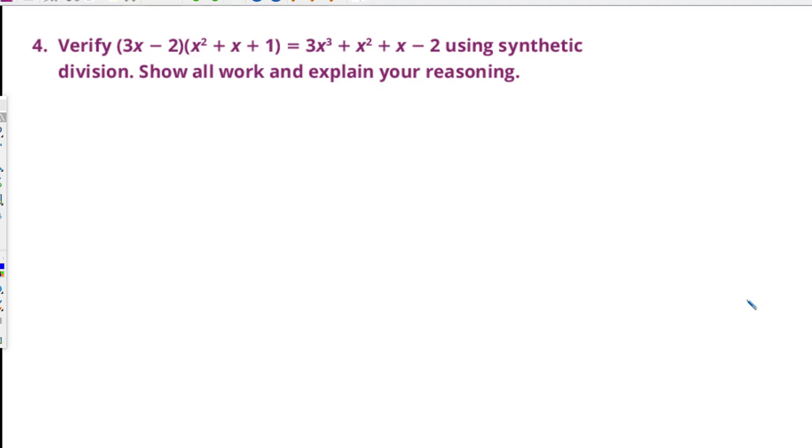And so if we want to verify something using synthetic division, that means I need to figure out, okay, what needs to come out of here so I can have it in the form of x minus r. So that would be a 3. That would be x minus 2/3.